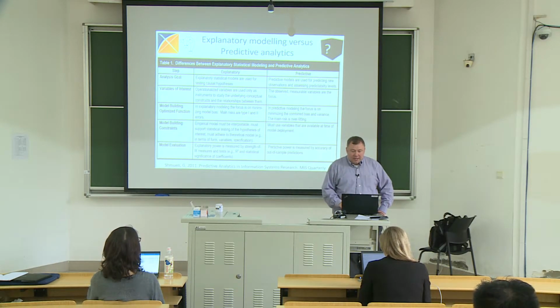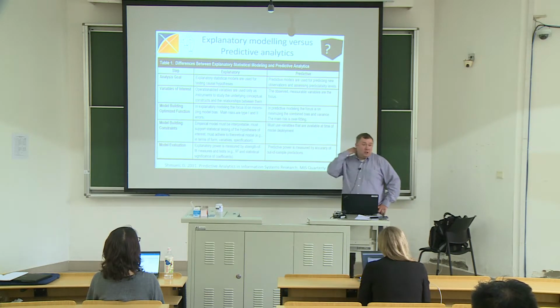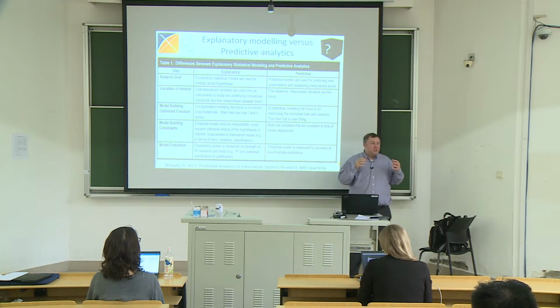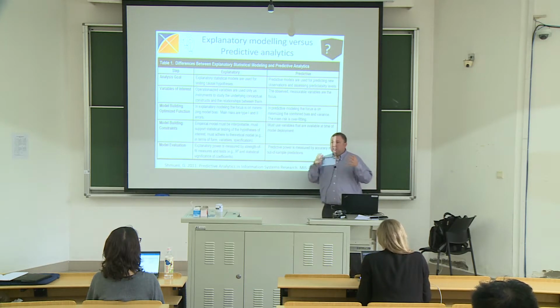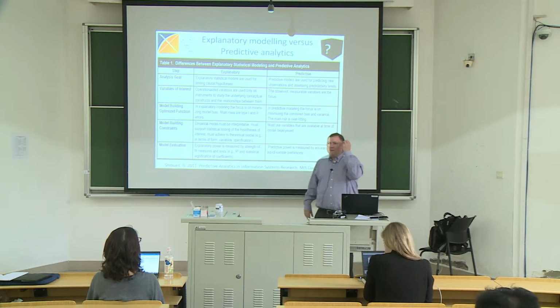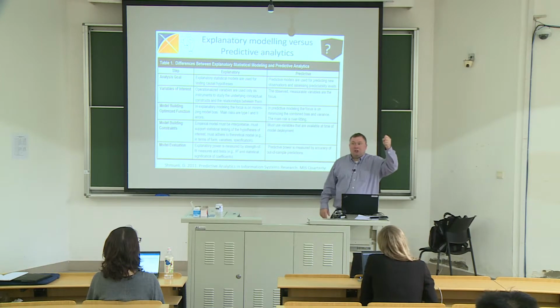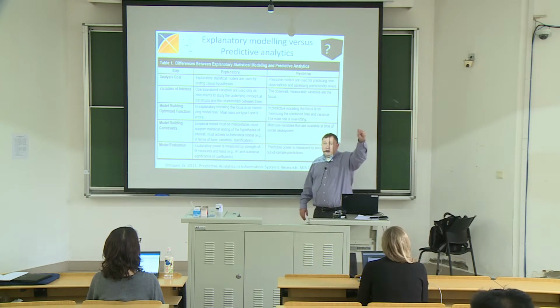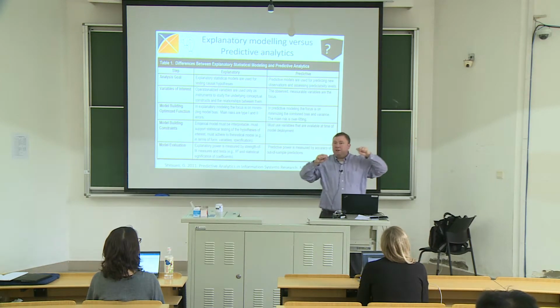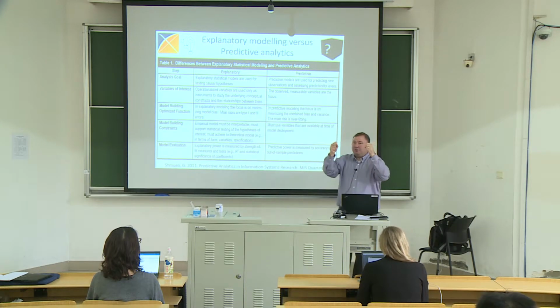Now, in an explanatory model, what you typically do is you select the variables that you are interested in to test your hypothesis. So you have an idea that a particular variable is related to another variable, and you select those variables to test your hypothesis.